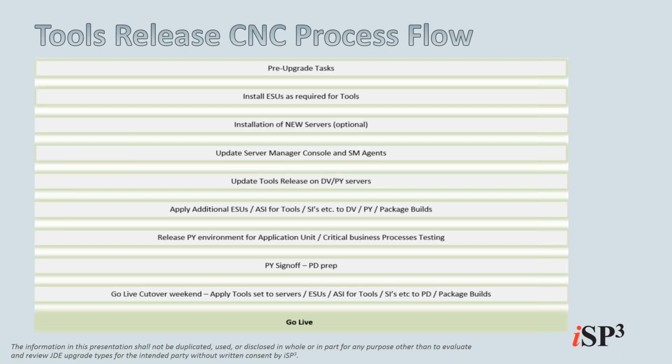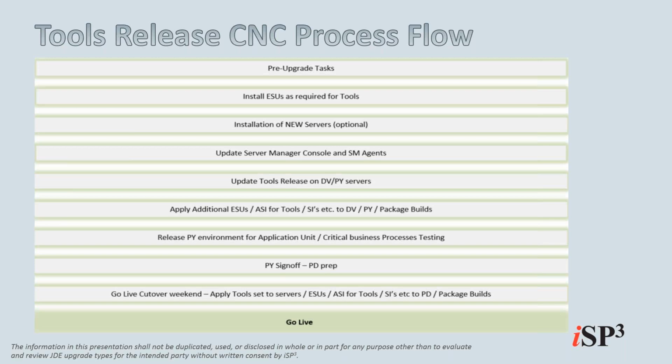And then you update your DVPY servers, that's your web enterprise side, and then apply any additional ESUs, builds, deploy them out, release it to the team for their critical business processing, do your PY sign off and your PD prep.